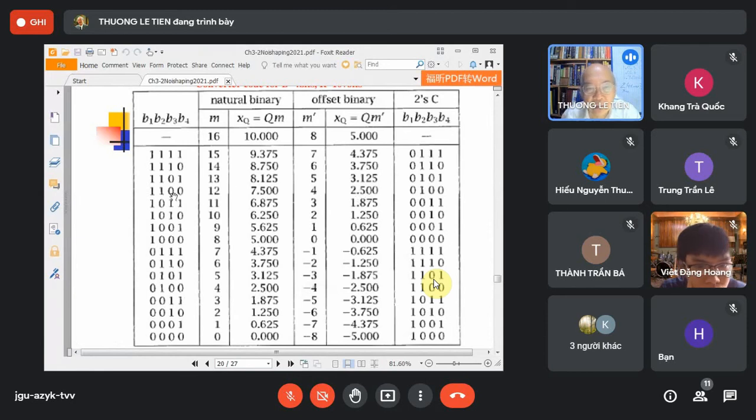We look at the left-hand side. Here is the offset binary code, 1100. And the right-hand side is 0100, the two's complement code. We can look at the most right-hand side column to work out the two's complement codes, or we just take the complement of the MSB of the offset binary code.